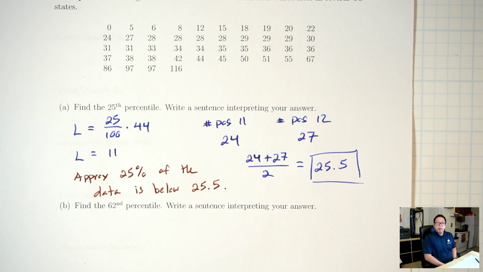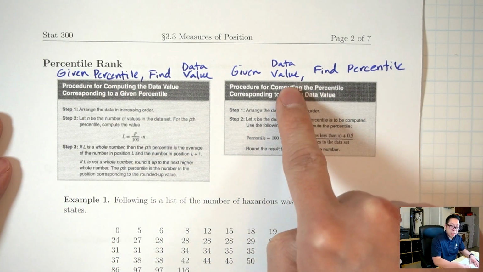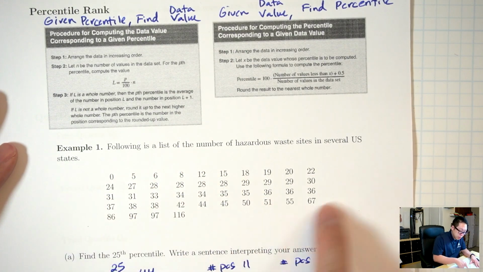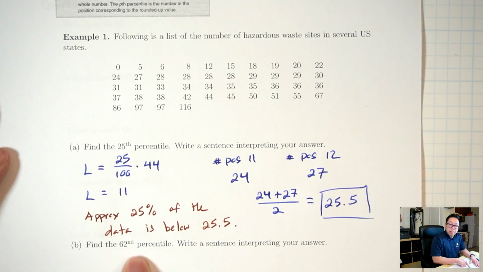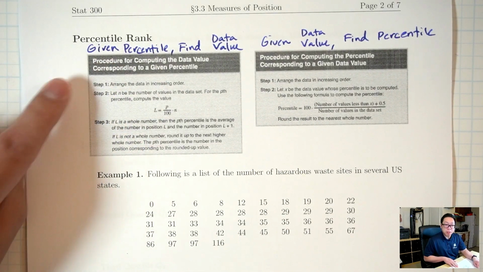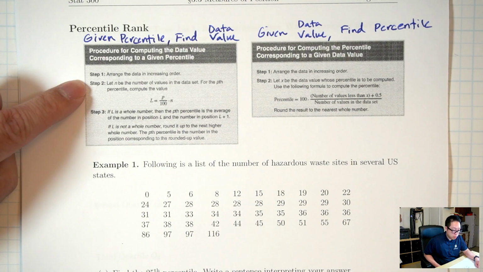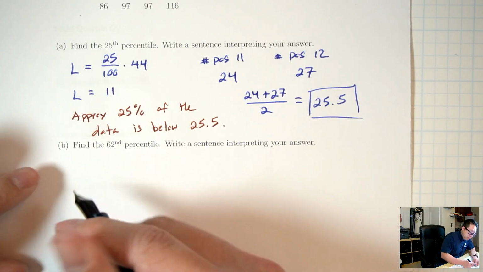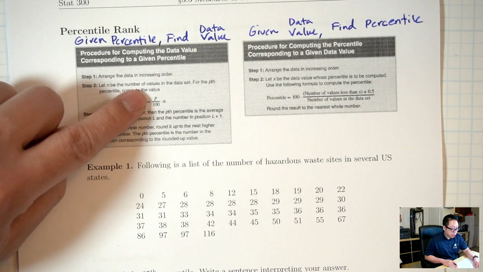Part B, find the 62nd percentile. Okay, once again, are you given the percentile or are you given the data value? So are you given the percentile or are you given one of these numbers in the data set? This is a percentile. Okay, so we're doing the left box again. Step 1 is done, put the data in increasing order. Step 2, find the L. All right, so we'll do the L. It's P over 100.